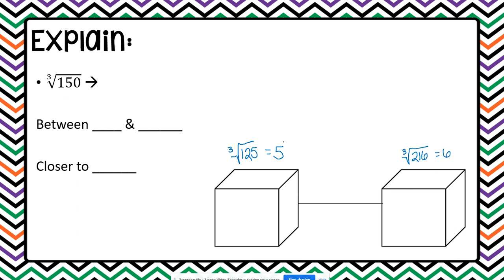Well, since 150 is in between 125 and 216, this tells us that it's going to be somewhere between 5 and 6 on the number line. Well, 150 is closer to 125 than it is to 216. This means that this would be located closer to 5 on the number line than it would be to 6.